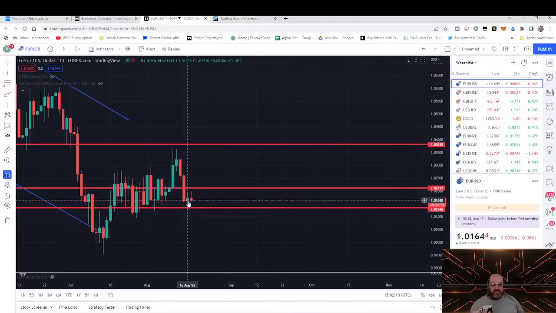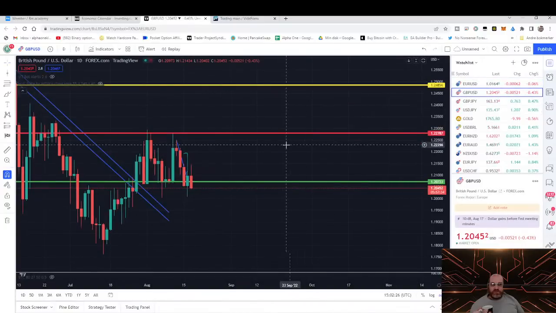It does not seem like it had so much effect on the bar. Very little. Let's see another pair. No, not so much. So it looks like actually we are going to the downside now for GBP USD.